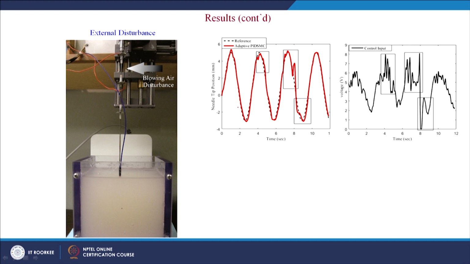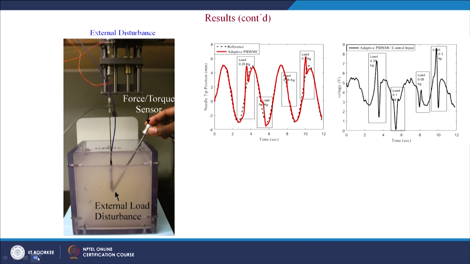During the tracking of the sinusoidal trajectory, at a certain instant we blew cooling air onto the continuously heating SMA actuator, and we observed the response in the trajectory tracking. This is the corresponding control input variation during the disturbed period, and the response is much better.